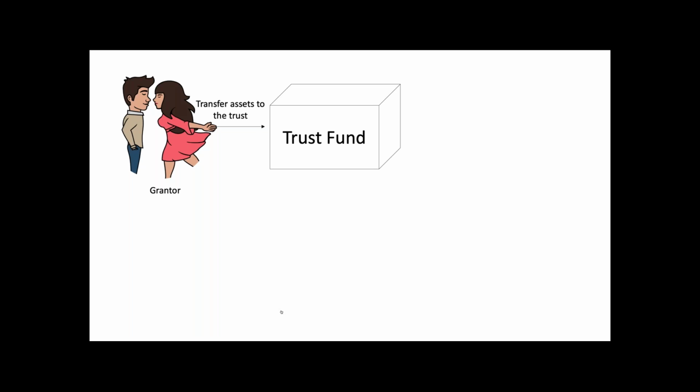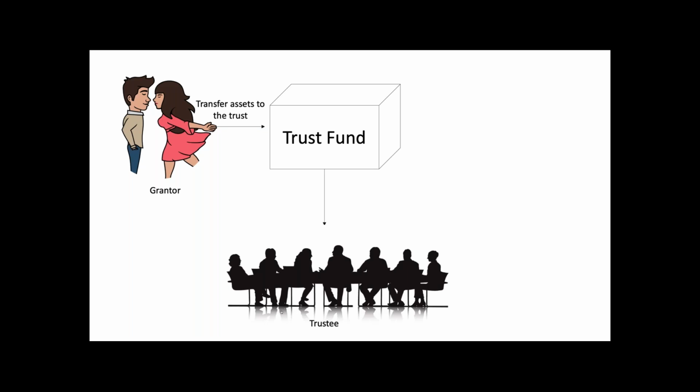Now, once they move those assets into the trust fund, they appoint individuals known as trustees. These trustees are legally known as the legal owners. They manage the trust for the benefit of the UBO.